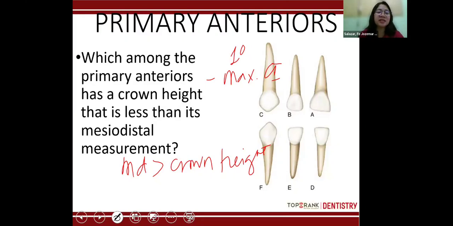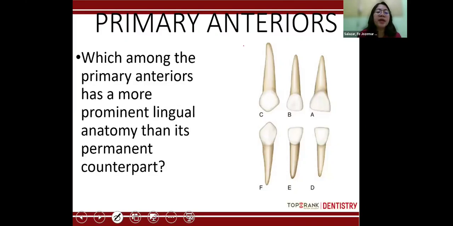Next, which among the primary anteriors has a more prominent lingual anatomy than its permanent counterpart? Actually, all your anteriors have a more prominent lingual anatomy than their permanent counterparts. All. But what again is the permanent tooth with the most developed lingual anatomy?